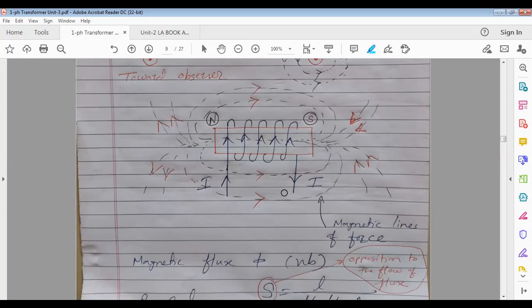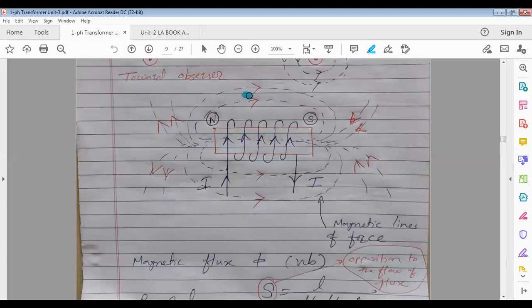Left. Very good, toward left. What does it mean? Magnetic lines of force start from the left end of the electromagnet and move toward the right end of the magnet like this. So like this will be the direction of the magnetic lines of force produced.